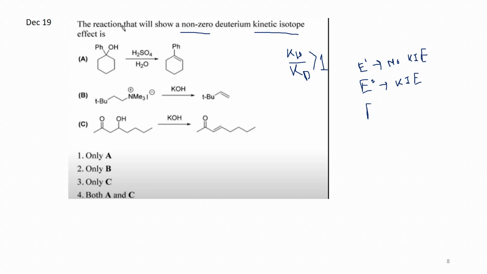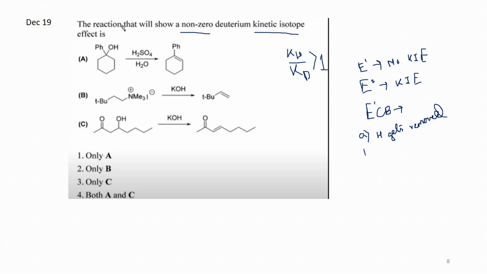The last one is E1CB. In this case, what happens? First, the hydrogen gets removed.